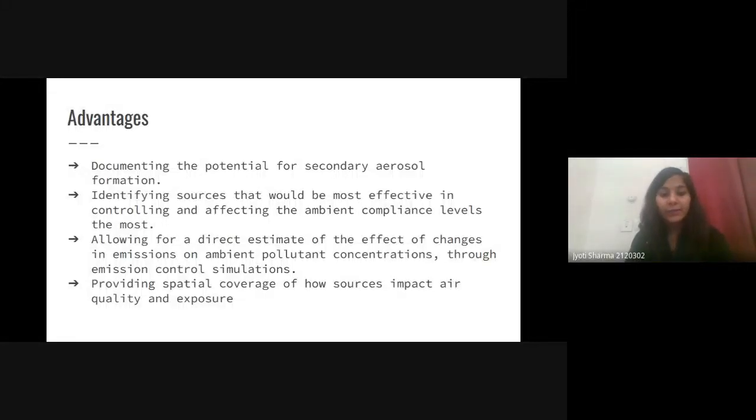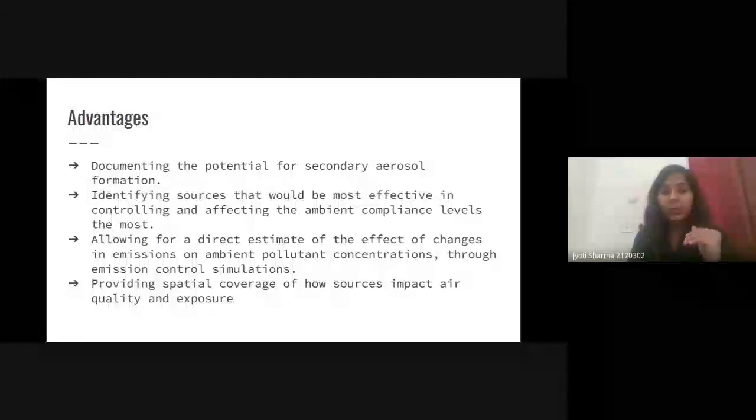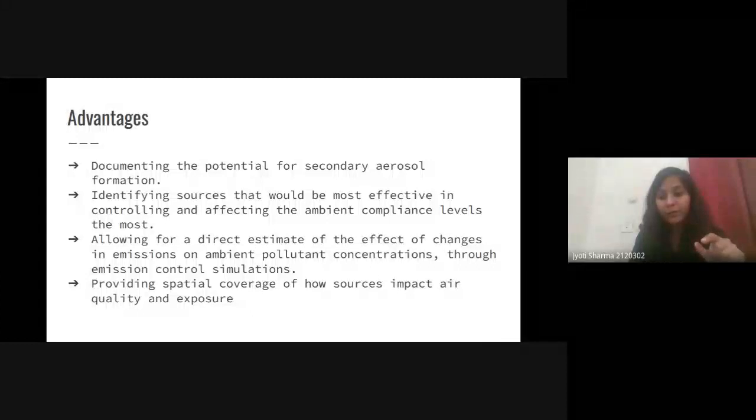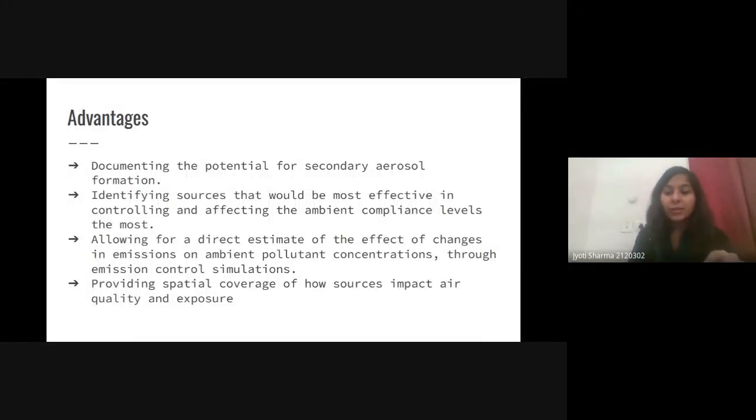Then identifying the sources that would be most effective to control in affecting the ambient compliance level the most. By this you can identify which source is most dangerous in terms of the high level of pollution it is releasing. Based on that you can pinpoint that kind of source, so that there may be policies that can prevent that kind of pollution.